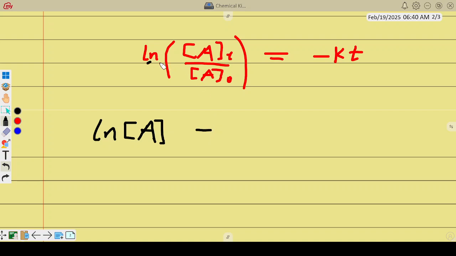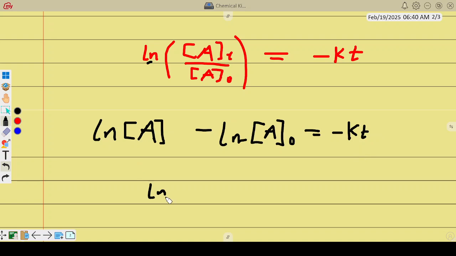So it means ln A at a particular time minus ln A, the initial concentration, will be equal to negative kt.